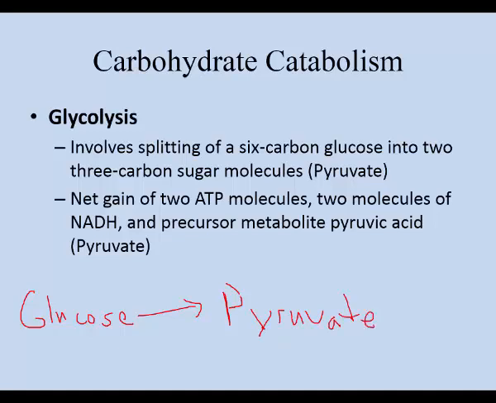How many? You get two pyruvates. And you're also going to make two ATPs. You're going to make two NADHs, which are electron carriers. And you're going to get those pyruvates that we mentioned. And these are going to be some of your precursor metabolites, sometimes called pyruvic acid as well.